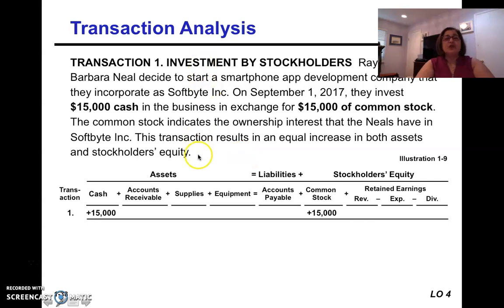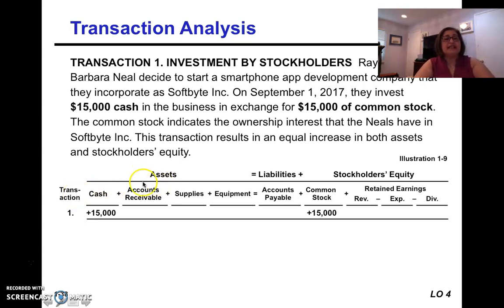So in this situation, we have a company that we're going to use in this book called SoftBite. And they started the business. So the owner gave $15,000 cash for ownership. Therefore, the company gave them common stock as evidence of ownership.